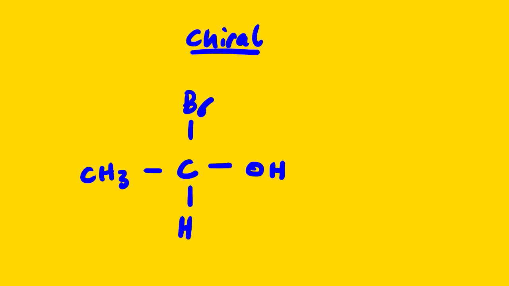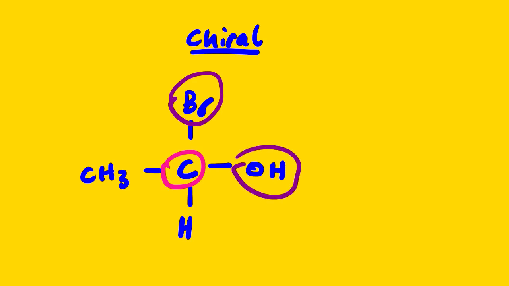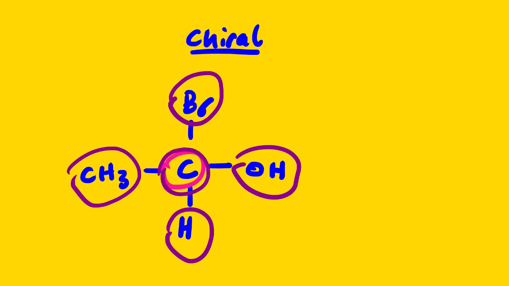Look at this carbon here. You can check the groups that are bonded to this carbon. We have Br, which is the first group. We have hydroxy or OH, which is our second group, which is different from Br, and then we have H, and we have methyl.